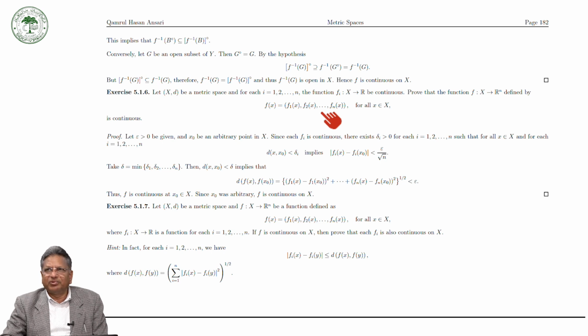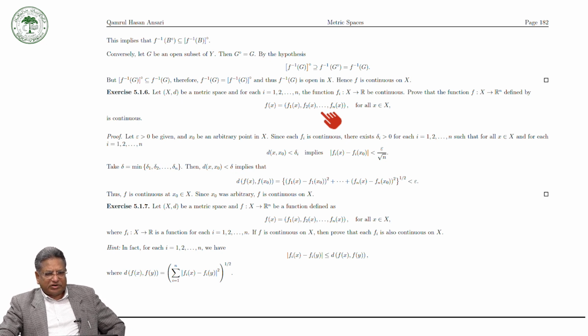You can prove this by using the epsilon-delta definition. So you can try, and the proof is already given here. I am not going to give the detail of the proof here. You can try, and if you did not get the answer, then you can check here.